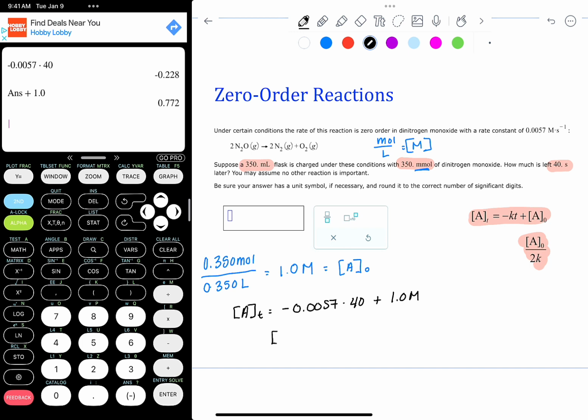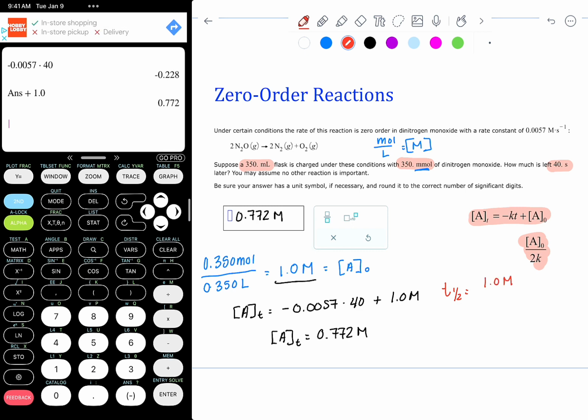And we get a concentration at our later time of 0.772 molar, which makes sense because we decreased from 1.00 molar.